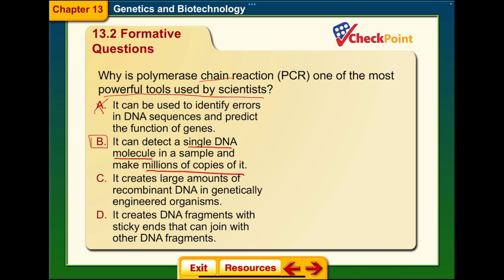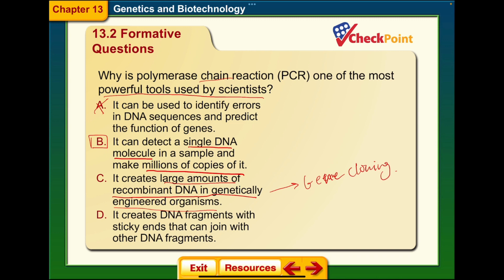Let's look at C, to see if we can find a more accurate answer. It creates large amounts of recombinant DNA in genetically engineered organisms. When we talk about making large amounts of recombinant DNA, we are talking about gene cloning. So don't get those two things mixed up.